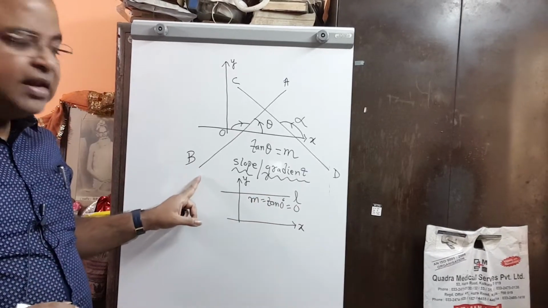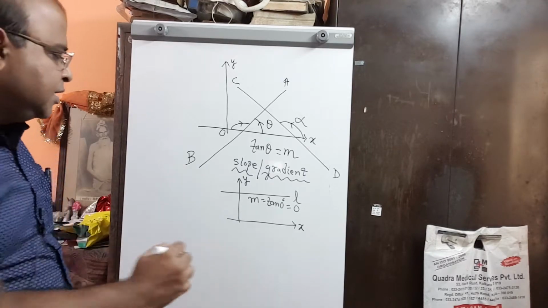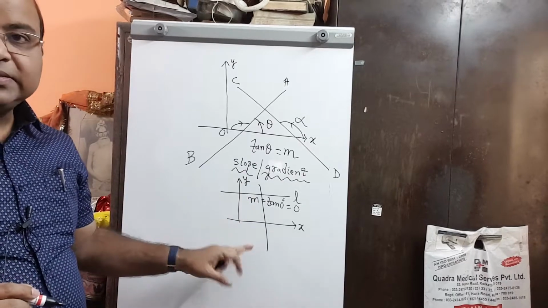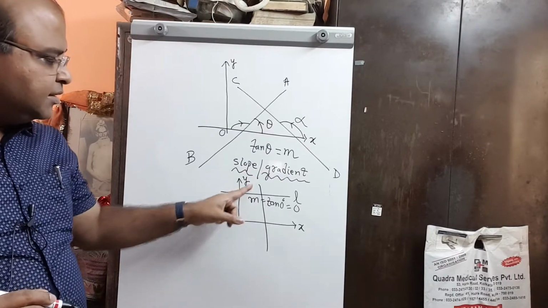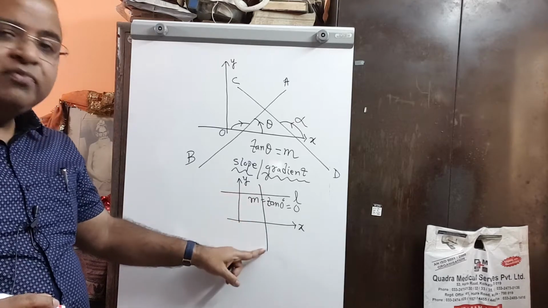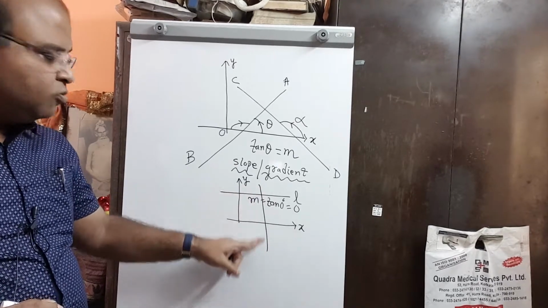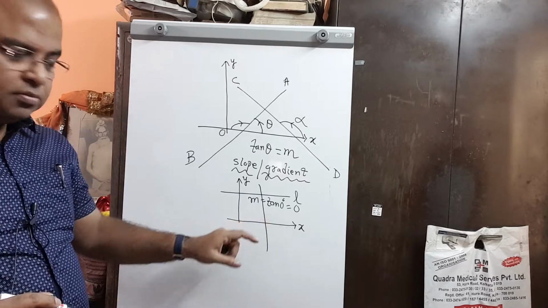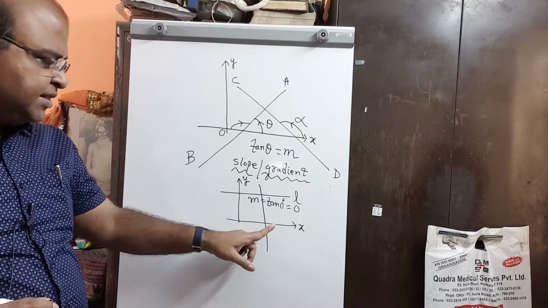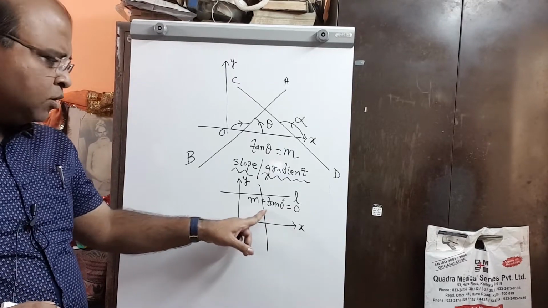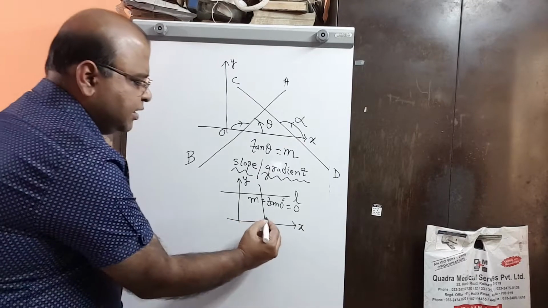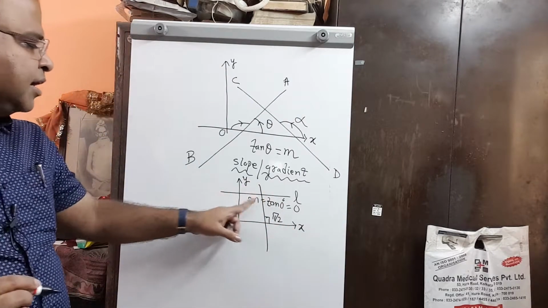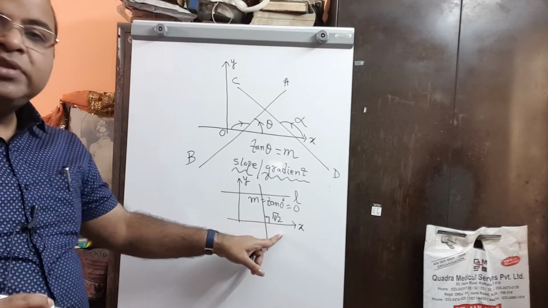Similarly, let us now consider another straight line parallel to the y-axis. To find the slope of this line, again we have to determine the angle of inclination. Since the angle of inclination is formed with the x-axis in anti-clockwise sense, here we see that the angle of inclination is 90 degree, pi by 2, because the line is parallel to the y-axis, so it is perpendicular to the x-axis.